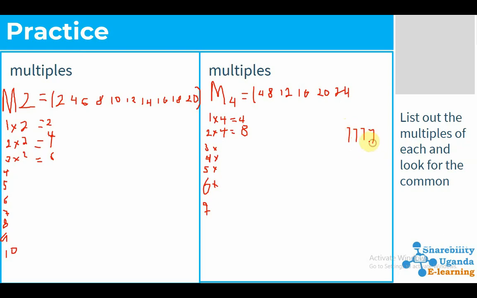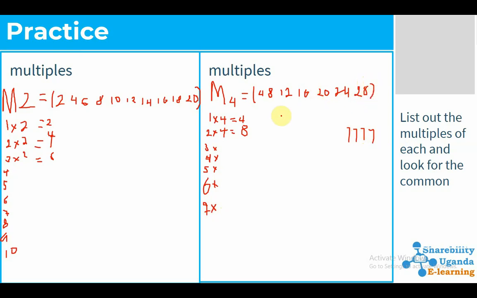This is 1, 2, 3, 4. So when you add these, 7 plus 7 is 14, 14 plus 7 is 21, 21 plus 7, you get 28. That means when you say 7 times 4, we shall be able to get our 28.